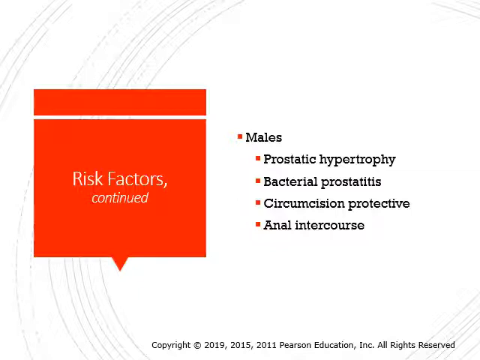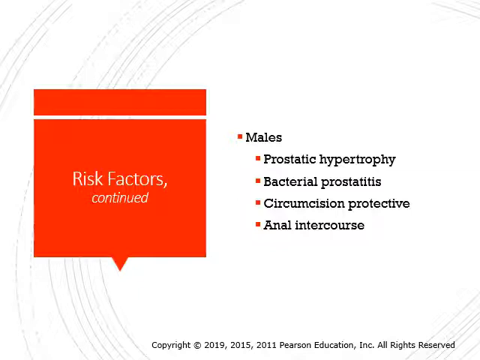Bacterial prostatitis is a bacteria that causes inflammation in the prostate. So maybe this isn't a chronic issue as in the prostatic hypertrophy, but there's a bacterial infection that causes the same type of symptoms as the prostatic hypertrophy, but it can be treated with antibiotics if it's bacterial.